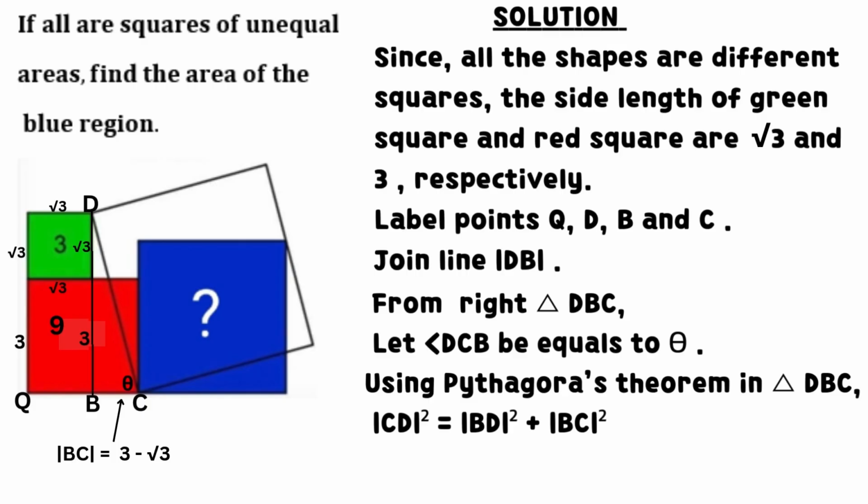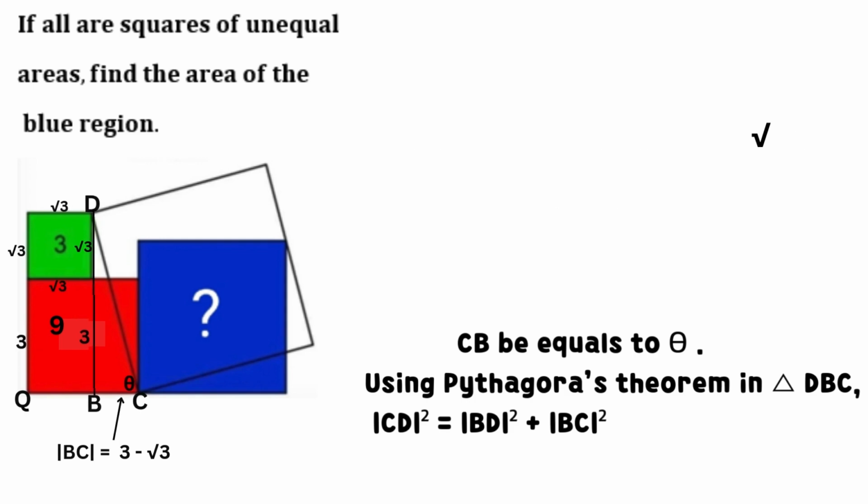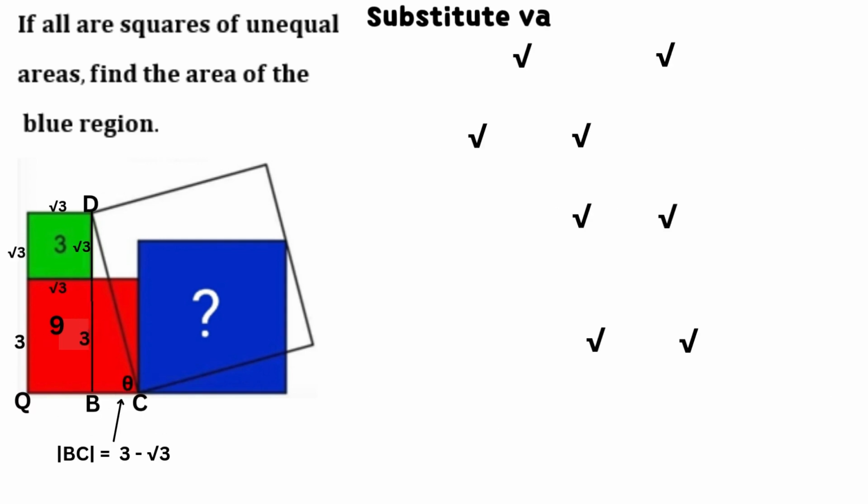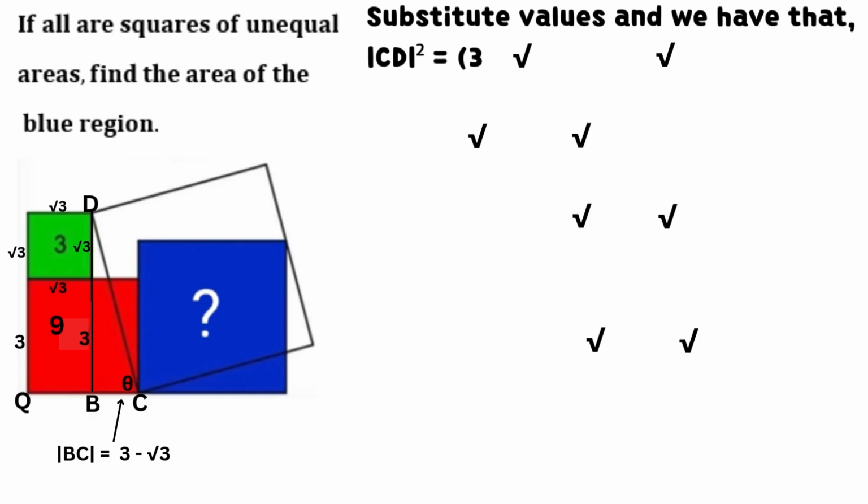Using Pythagoras' theorem in triangle DBC, the square of line CD equals the sum of the square of line BD and the square of line BC. Substitute values and we have that the square of line CD equals 24.